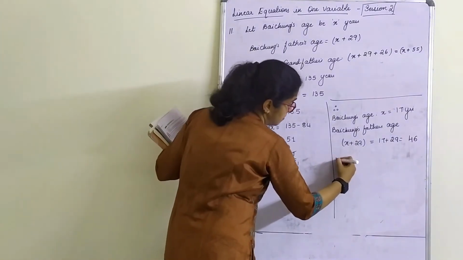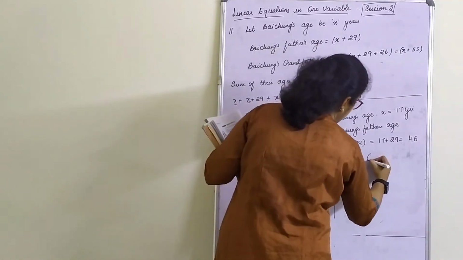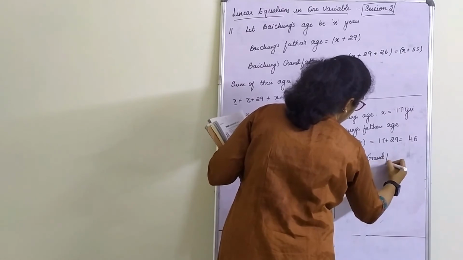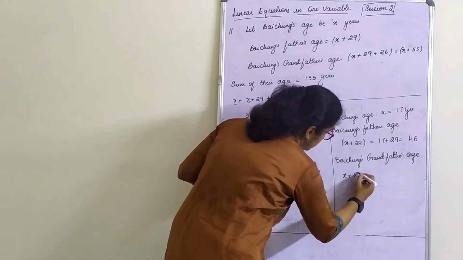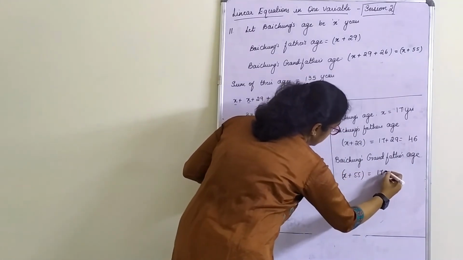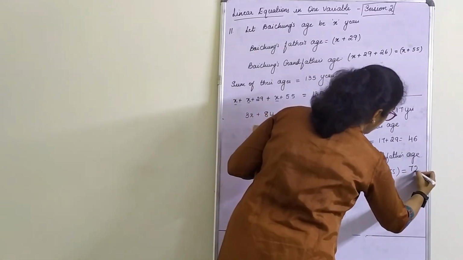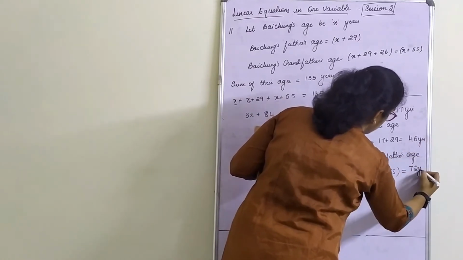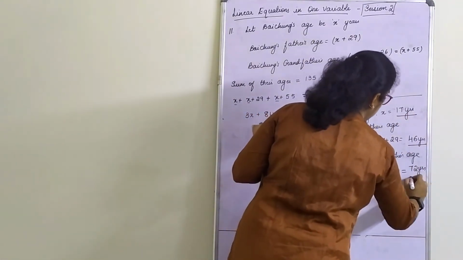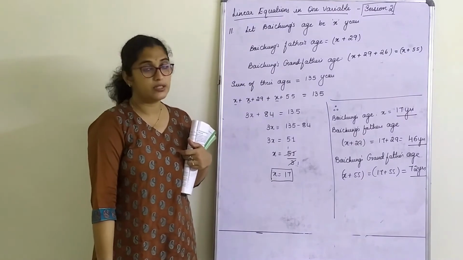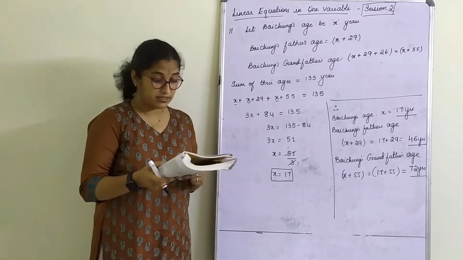And the last, Baichung's grandfather's age is x plus 55, that is 17 plus 55, that is equal to 72 years. For cross verification, when you add these 17 years, 46 years and 72 years, you have to get the answer as 135 years. So these are the three ages: Baichung, his father and his grandfather.